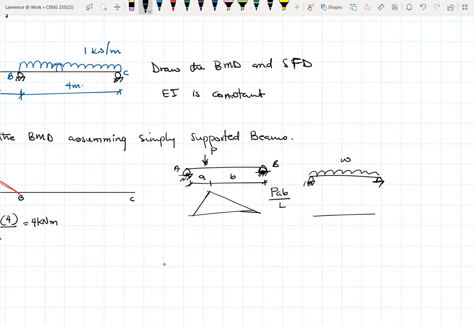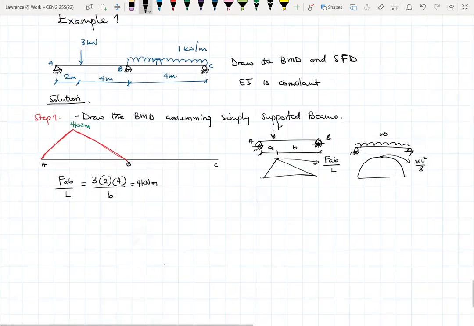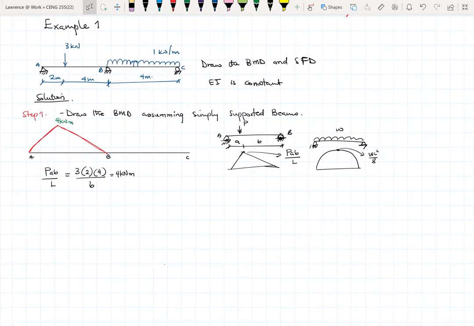This becomes our bending moment diagram. The maximum bending moment is wL squared over 8. The max at the top here is wL squared over 8. This one is Pab over L. I can draw my bending moment diagram for BC, and it might look like this.